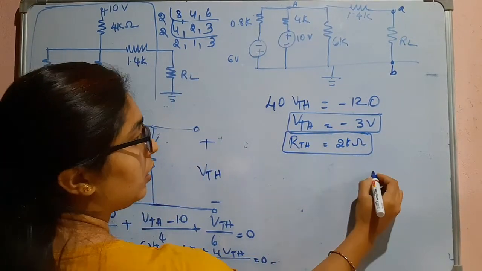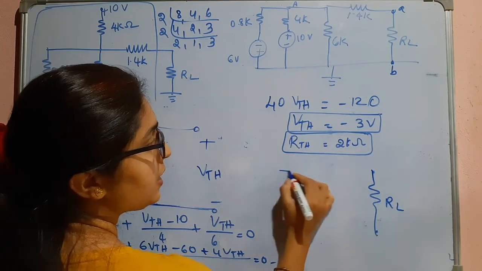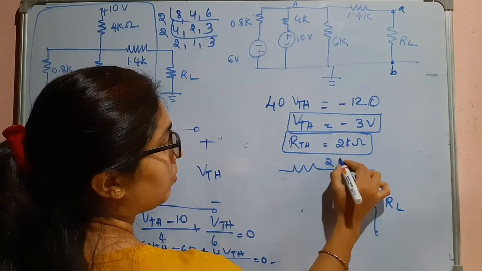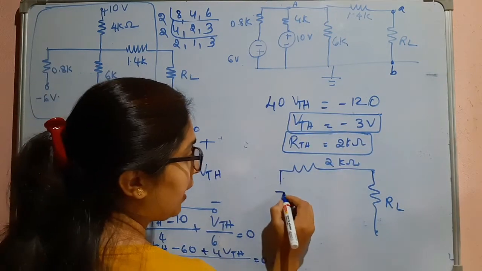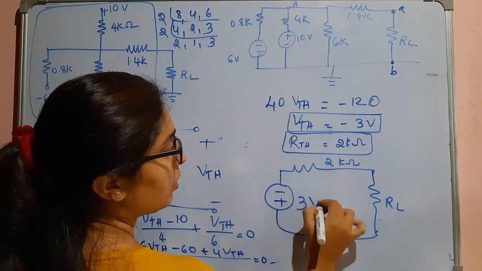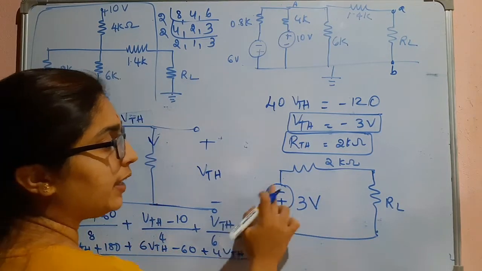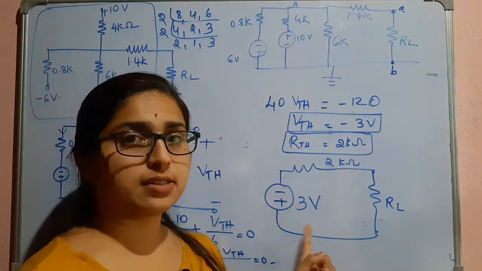So if these are the terminals for RL, then RTH here I am writing as 2 kilo ohm. VTH is minus 3 volts, that's why I will take minus here and plus here. This is 3 volts. After taking care of this polarity, don't write minus 3 here.